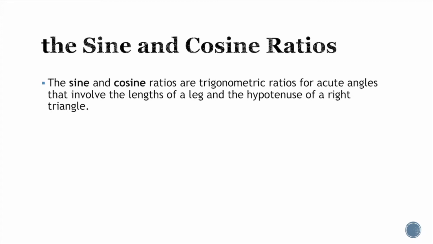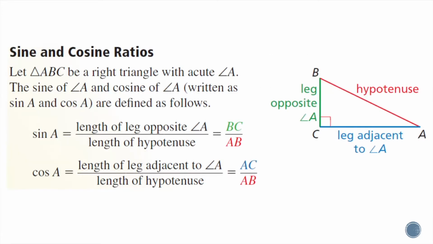So the sine and cosine ratios are trigonometric ratios for acute angles that involve the lengths of the leg and the hypotenuse of a right triangle. So this hopefully is redundant, but I want to make sure you understand it. Sine and cosine ratios.